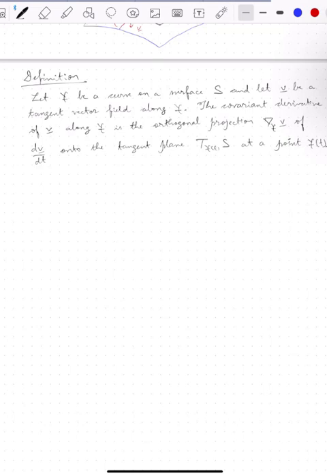So the covariant derivative is the orthogonal projection of V dot along the tangent plane at a point gamma dot.